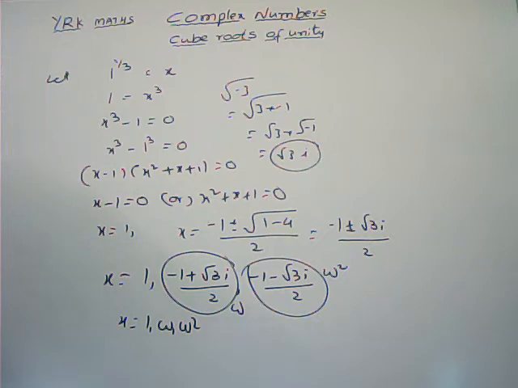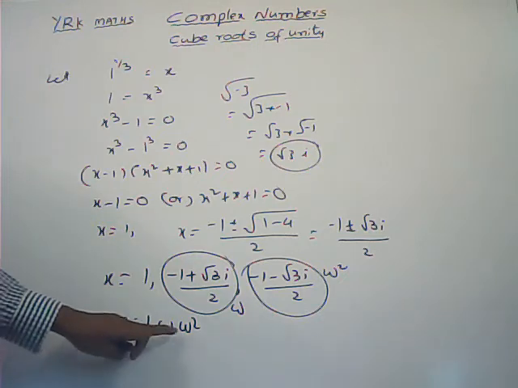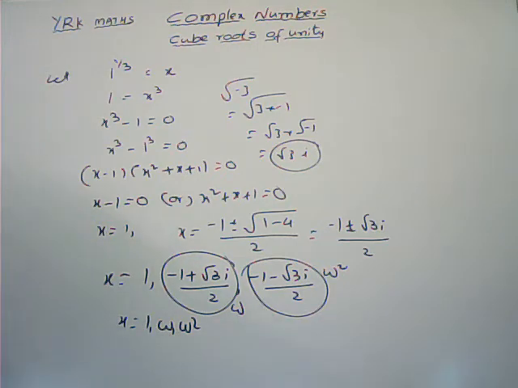These are the cube roots of unity. Omega and omega square are called complex cube roots of unity. If they ask for cube roots of unity, we write 1, omega, omega square. If they ask for complex cube roots of unity, we consider only omega, omega square.